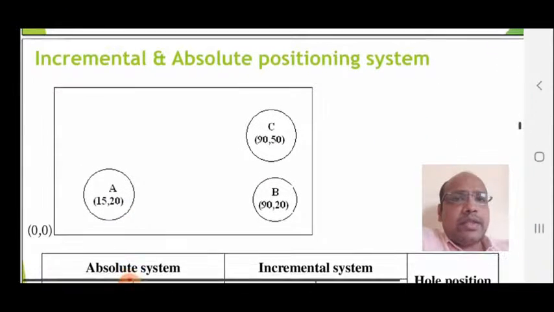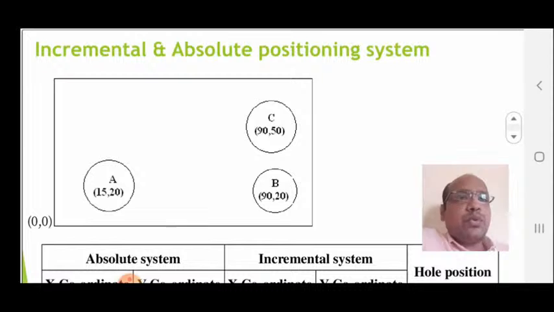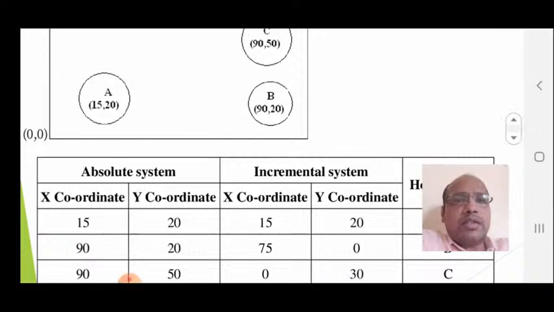Now let us see the next type, incremental and absolute positioning system. Both are very important for writing a part program. Mostly we write a part program in absolute positioning system. So what is the difference between these two, absolute system and incremental system? Let us understand this.